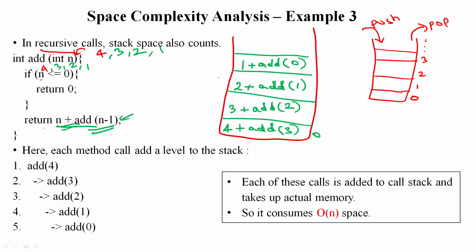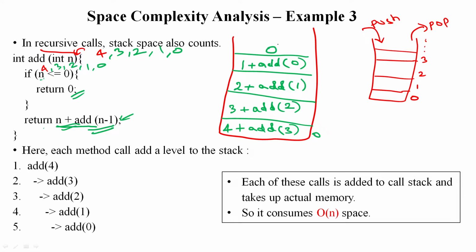Now again add of 0 is called, so 0 less than or equal to 0, the condition is true, returning the 0. So here we are getting the value 0, right? Now we have to substitute this value 0 into all the memory locations, look at this.